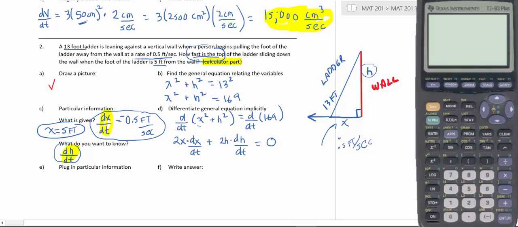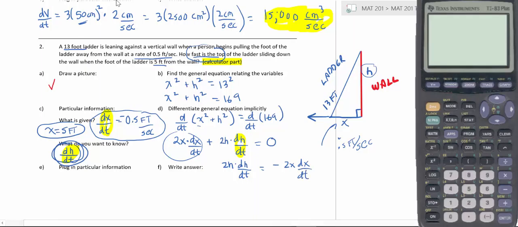Now, according to this problem, I have to find dh dt. So I need to solve this equation for dh over dt. I can do a lot of this just in my head. I'm going to say 2h times dh dt is equal to, moving this whole thing to the other side, negative 2x dx dt.